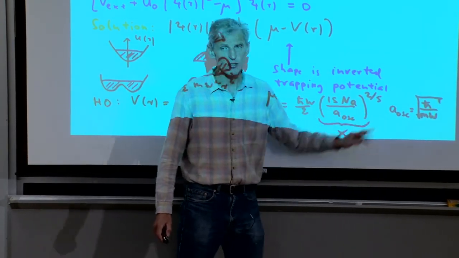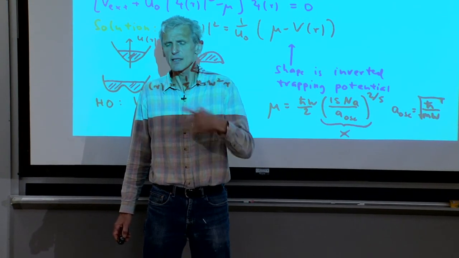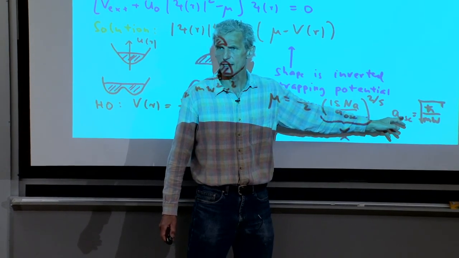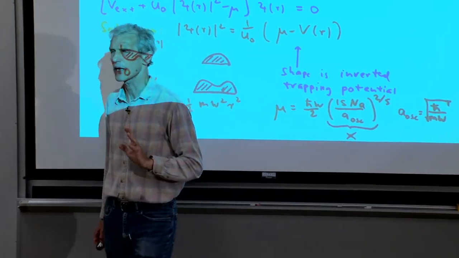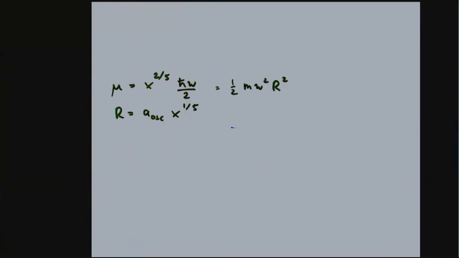You can say the harmonic oscillator length is the ideal gas wave function in the harmonic oscillator, so this parameterizes the importance of kinetic energy, whereas the scattering length parameterizes the importance of interactions.